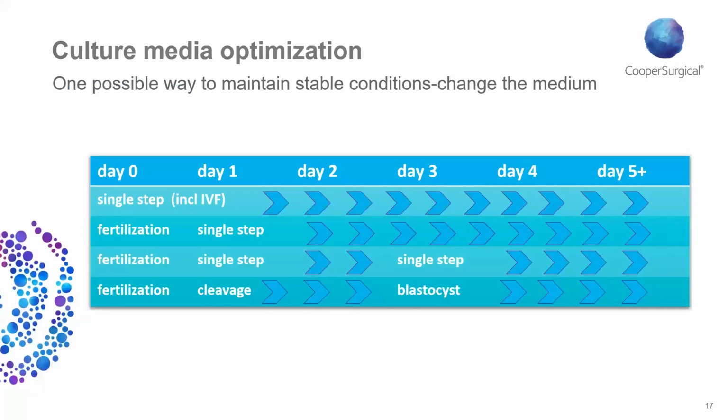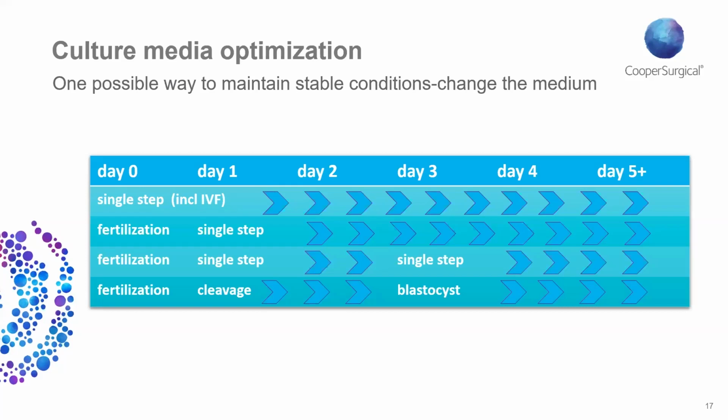So one of the ways we can mitigate the accumulation of VOCs into the oil and the stability of the culture system over time is to think about whether we should change the medium on any particular day. So if we look at the bottom here, the sequential media had two distinct media types, the cleavage media and the blastocyst media.